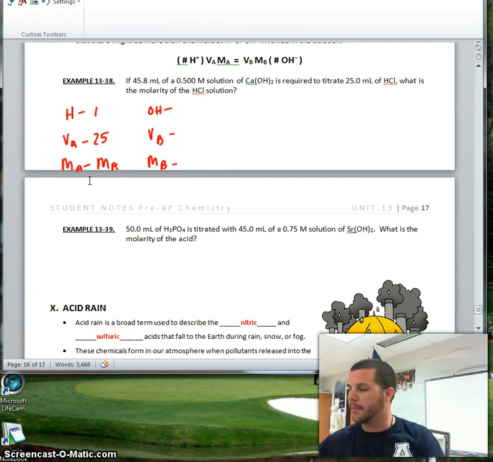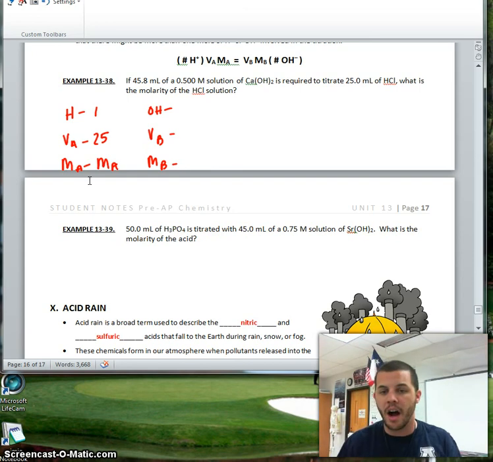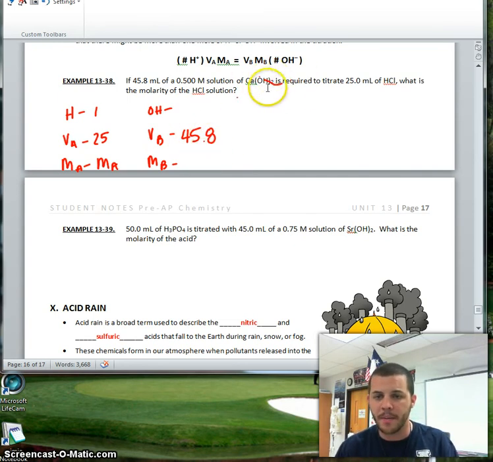That's how we know how much we added. So I added 45.8 milliliters of calcium hydroxide, and calcium hydroxide tells me that I have two OHs. And I know that the molarity of that base is 0.500 molar.